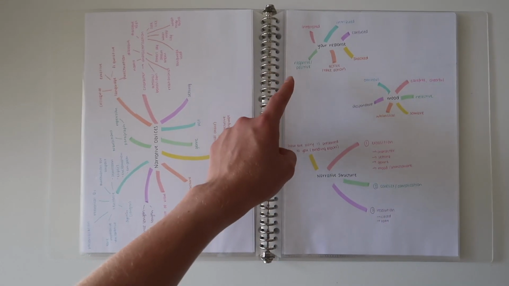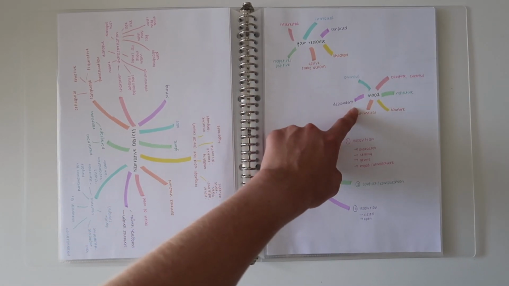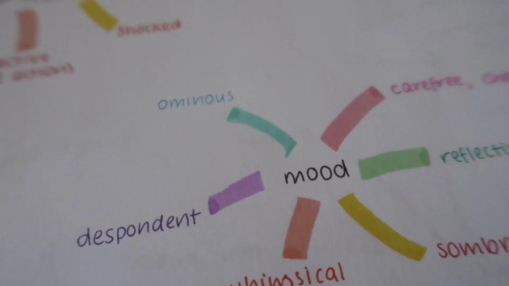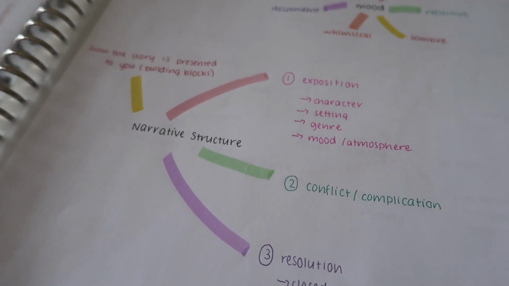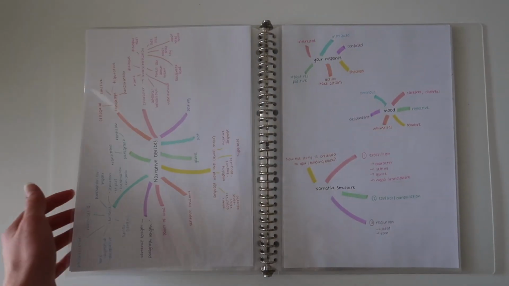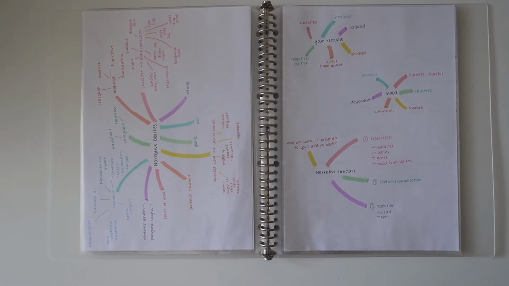And here I did the exact same thing for words that you can use to describe your response or mood, because often a question might say something like, how do language features construct mood, and I would have heaps of words to describe language features, but I didn't know how to describe the mood.